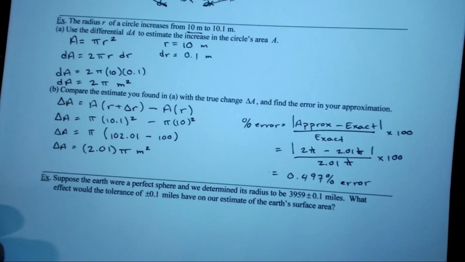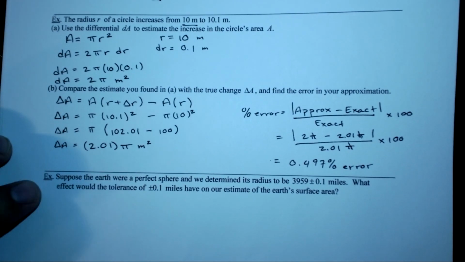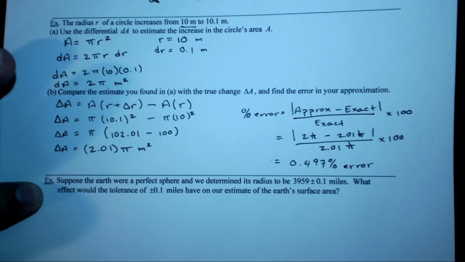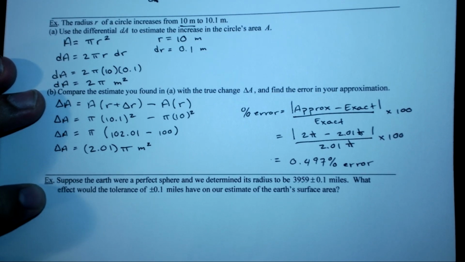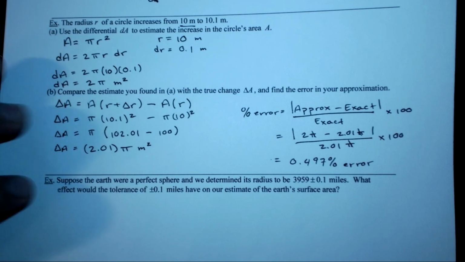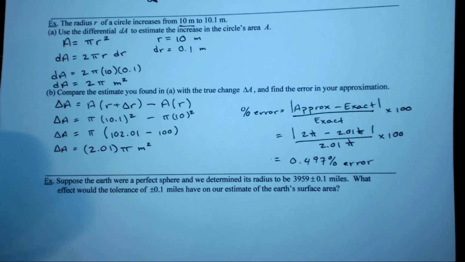There is another problem. It works very, very similar to the circle problem. I'll go ahead and pause the video for about 30 seconds for you to copy this down if you want, and give it a shot.